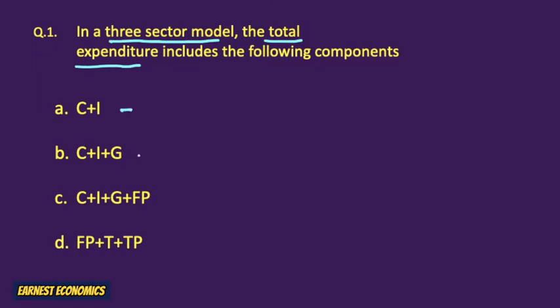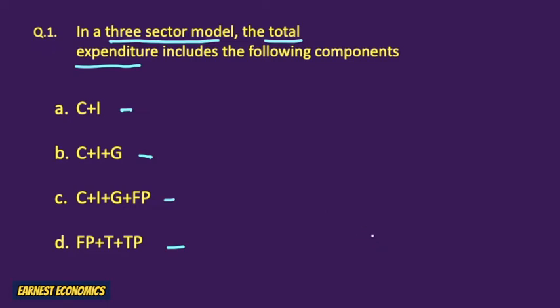Our second option is consumption, investment, and government expenditure. Third is consumption, investment, government expenditure, and factor payments. And the fourth one is factor payments, taxes, and transfer payments. So you have to identify which combination of these components presents the right picture with regard to the total expenditure in a three sector model.